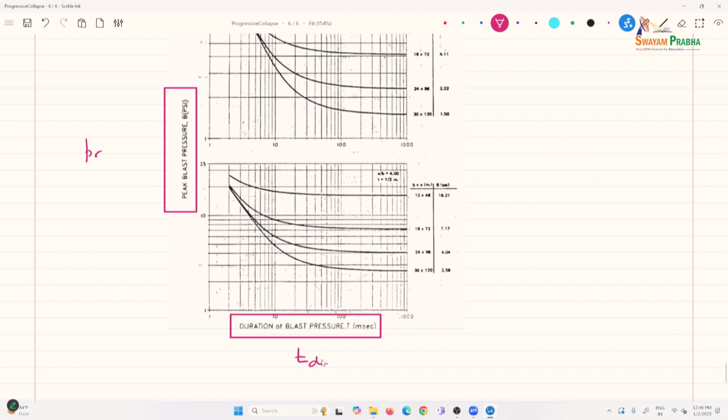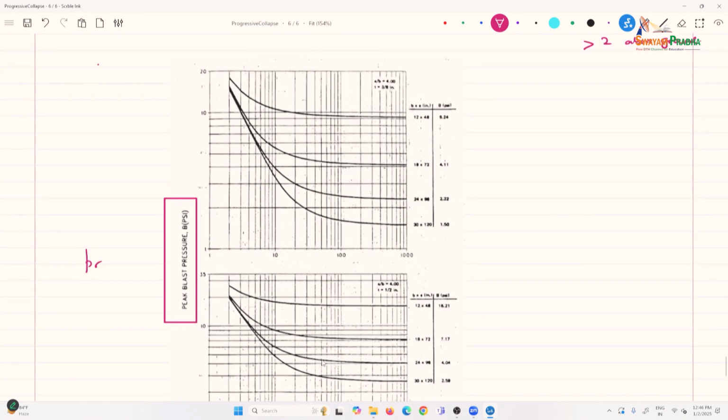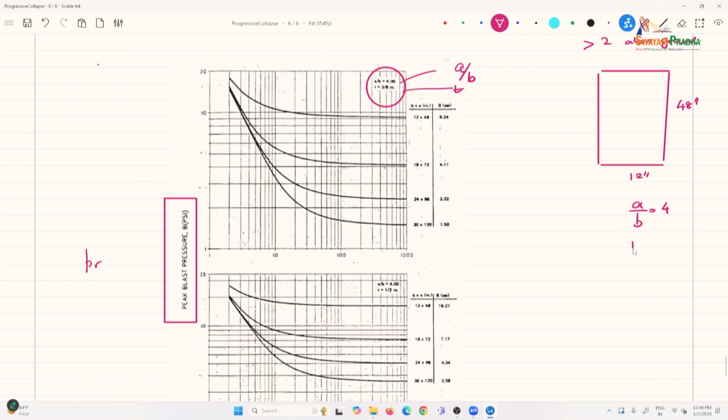Once you determine what it is, as you see, this goes up to 35, it depends. There are two ratios here, A by B. This is the window dimension. So say this is 12 inches and 48 inches. So A by B is equal to 4, and here it is the thickness of the glass.